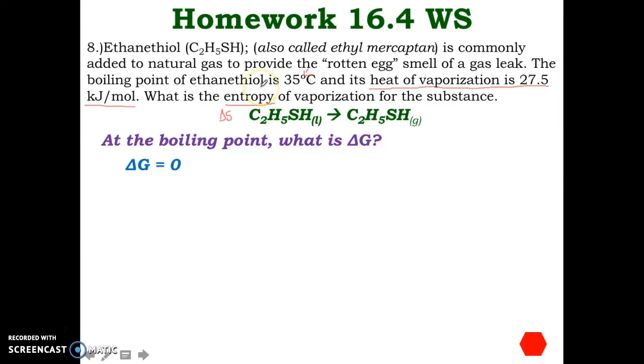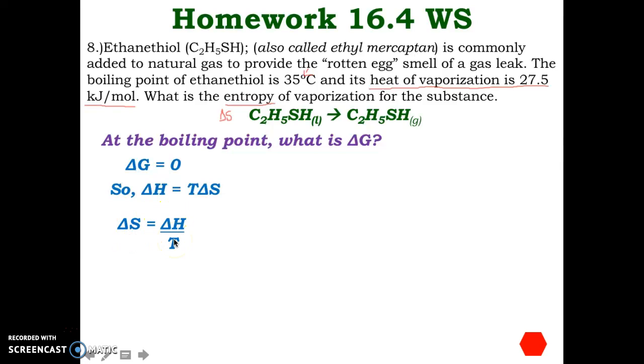So I am going to say at the boiling point, delta G is 0. So I'm going to use this equation right here, delta H equals T delta S, but in this case, I'm looking for entropy. I'm looking for delta S, not T like I have been. So I rearranged the equation a little bit differently. I divided T over. So now I have delta S equals delta H over T.